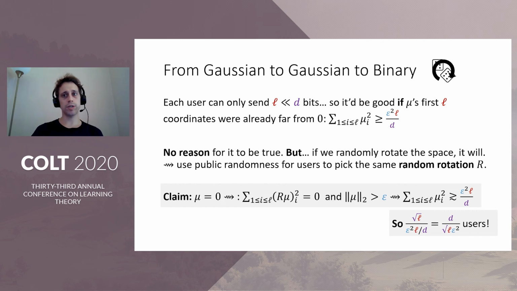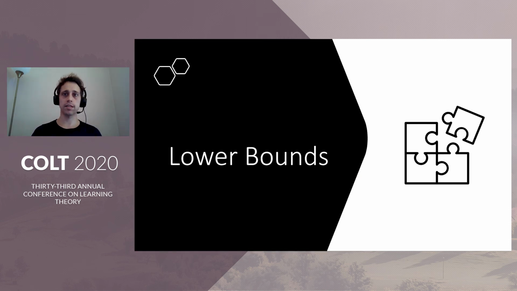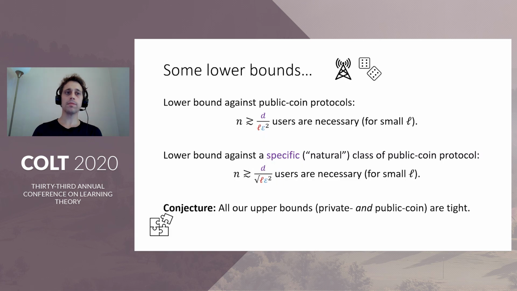I'm going to switch to the lower bounds in the little time I have left and explain what we get and why we don't get more and why we hope and conjecture it is actually the right answer, those bounds I mentioned. So what we show, focusing on two of them, is a lower bound against any public coin protocol: D over L epsilon squared users are necessary.